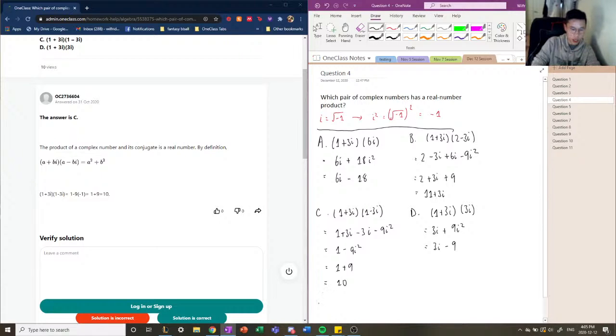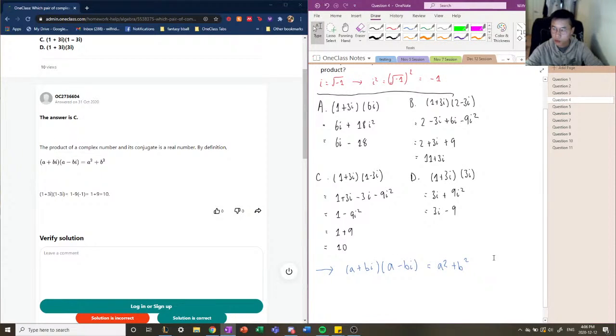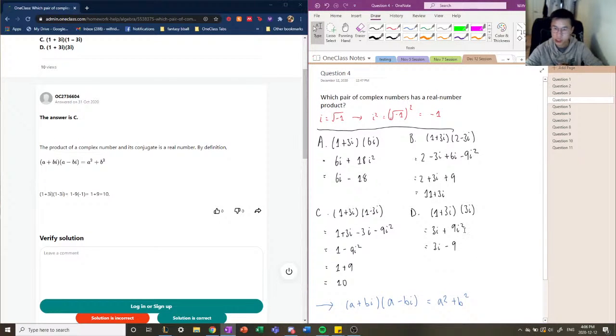In other words, our observation is that when you have a complex number such as a plus bi, with an imaginary and real component, and you multiply it by its conjugate, which has the same magnitude but the signs switched, so a minus bi, you'll get a squared plus b squared, which is just a real number. This is a very important lesson, and we'll be applying this in our future questions.